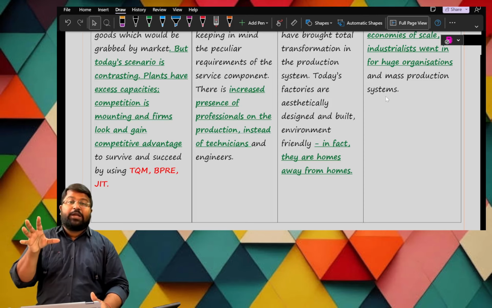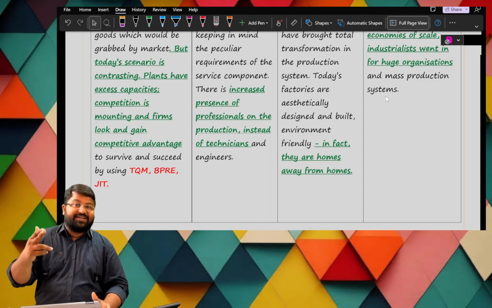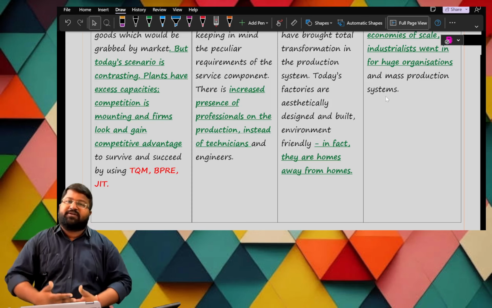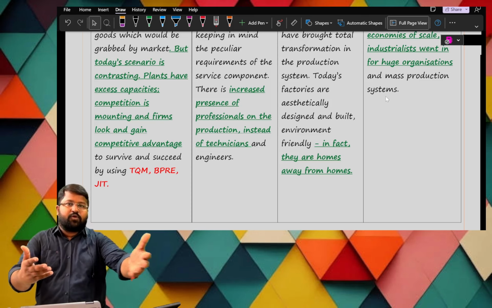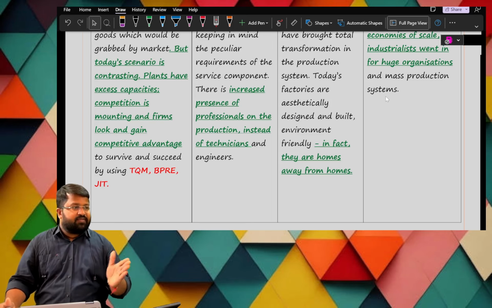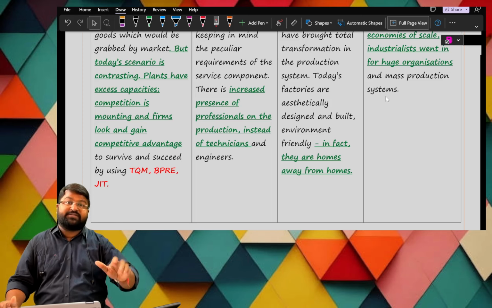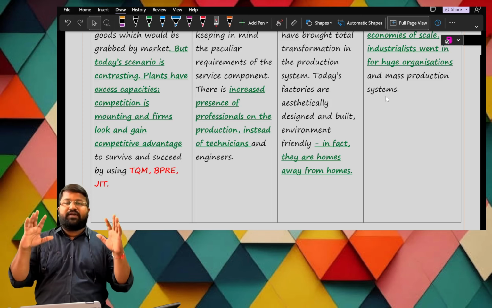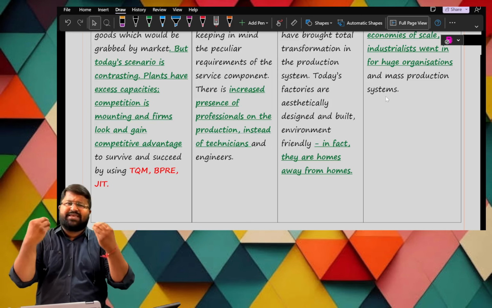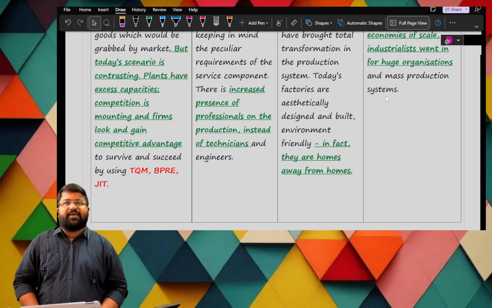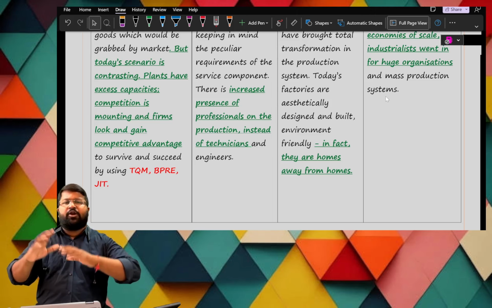But now, while doing work, if they have some sort of pressure, they have ways to reduce it. For example, they can go for a walk in the premises. They can go to the park which is in the campus or in the office itself. They can go for rest. They can go to the canteen. These things are being added now. The work environment has changed a lot now.